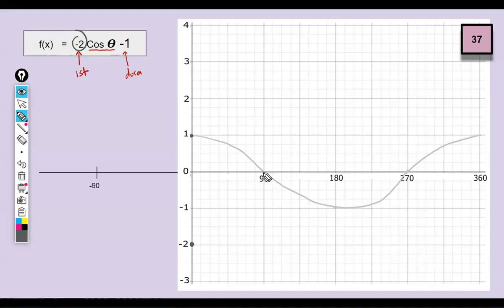The y coordinate here is 0, and 0 multiplied by -2 is still 0. The y coordinate here is -1, and -1 by -2 is +2. Then 0 by -2 is 0, and 1 multiplied by -2 is -2.